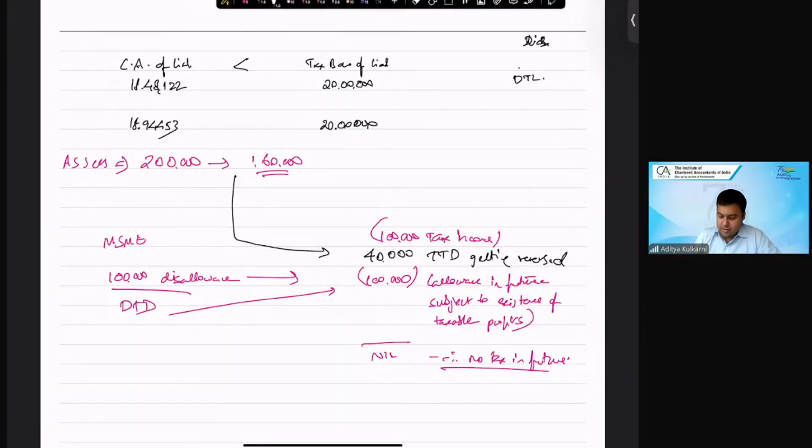This is just an example that I'm taking. So in effect, though I have a benefit of 1 lakh, I am also having a liability of 40,000 hitting. So my net benefit is only 60,000 rupees. 1 lakh minus 40,000, 60,000.